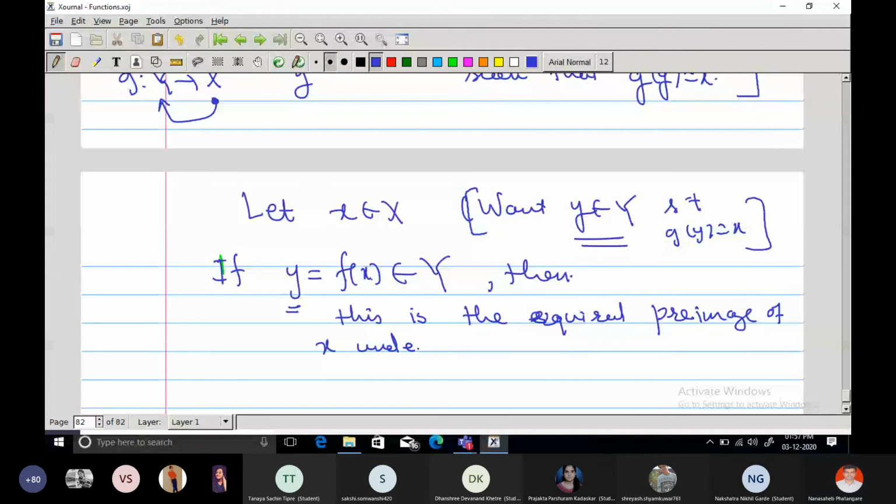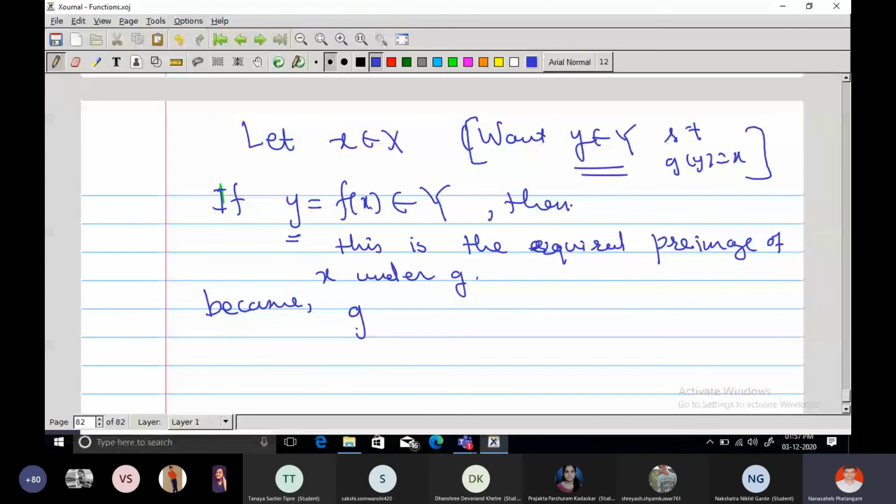Why is it a required pre-image? Because if you apply g on y, does it produce x? Right? How to believe that this is a correct required y, which is a required pre-image?